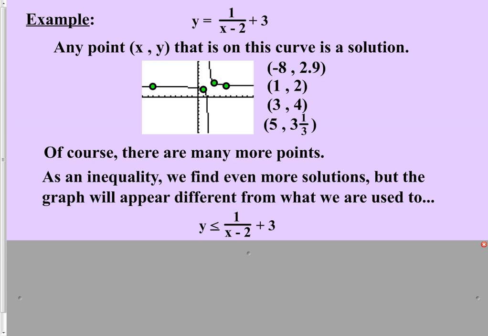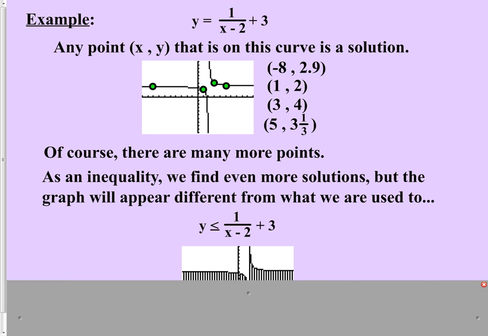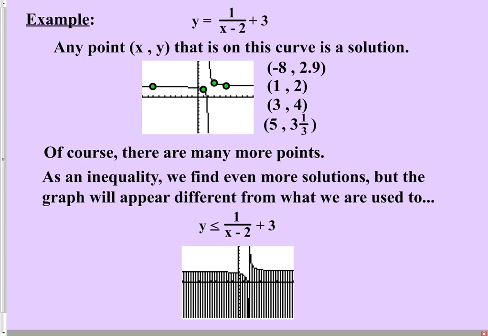The difference was with the square root function, there was only one thing in the graph, so you shaded one way from that one curve, either up or down or left or right. But of course, with a hyperbola, you have two curves running around in the graph as the result of the one inequality that we have.